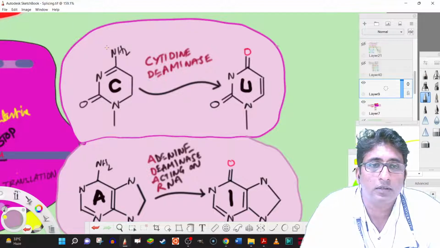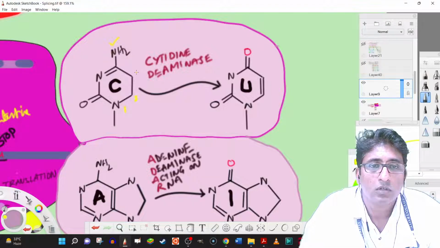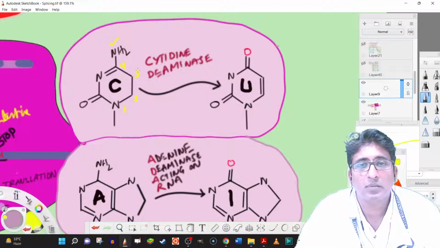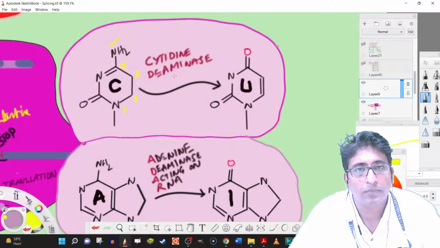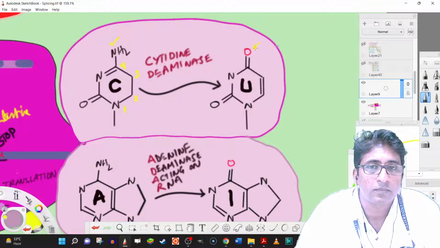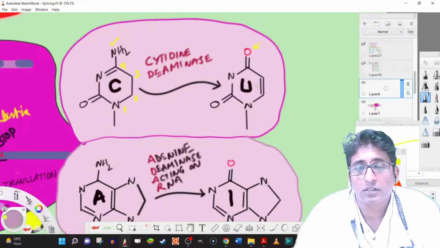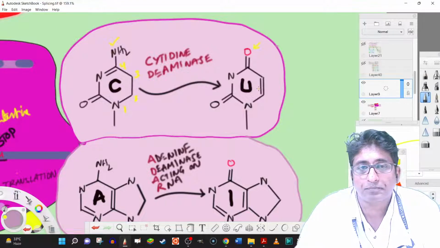The amino group on the 4th carbon, counting carbon 1, 2, 3 and 4, is removed and replaced with a keto group. Deamination of cytosine results in the formation of uracil.